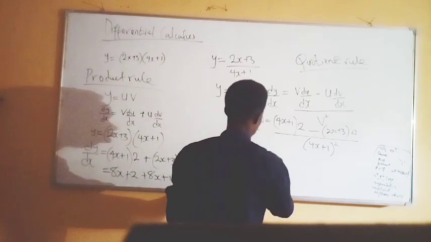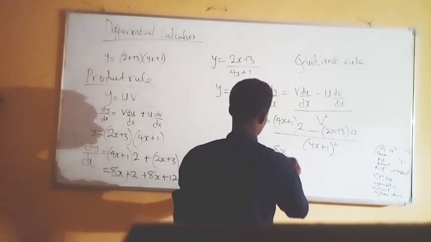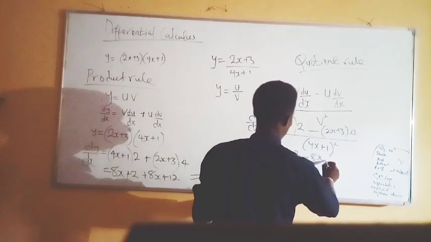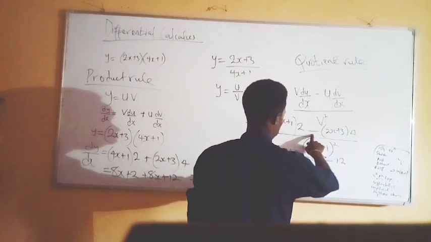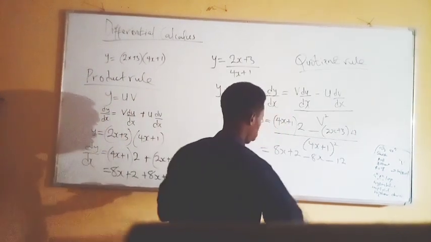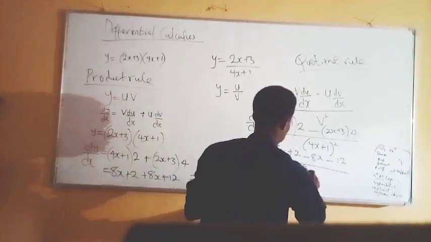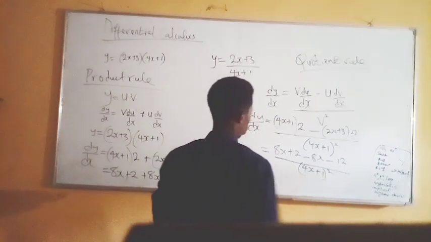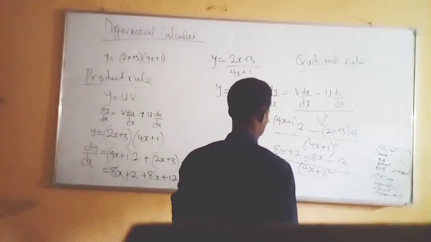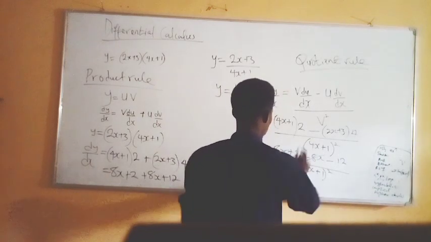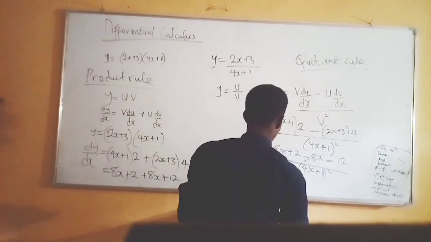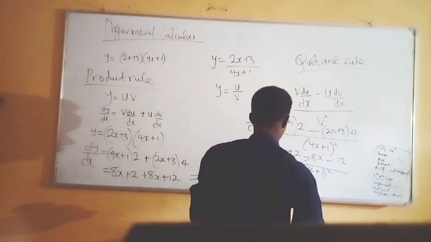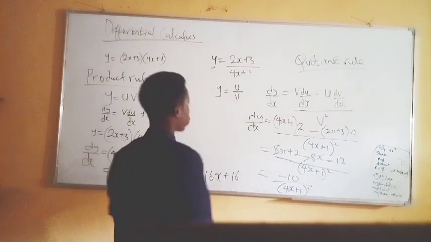So now, this gives us 8x plus 2 minus 8x minus 12 over 4x plus 1 all squared. Of course, 8x minus 8x is 0. 2 minus 12 gives us minus 10, all over 4x plus 1 all squared. So this is the derivative of this function.